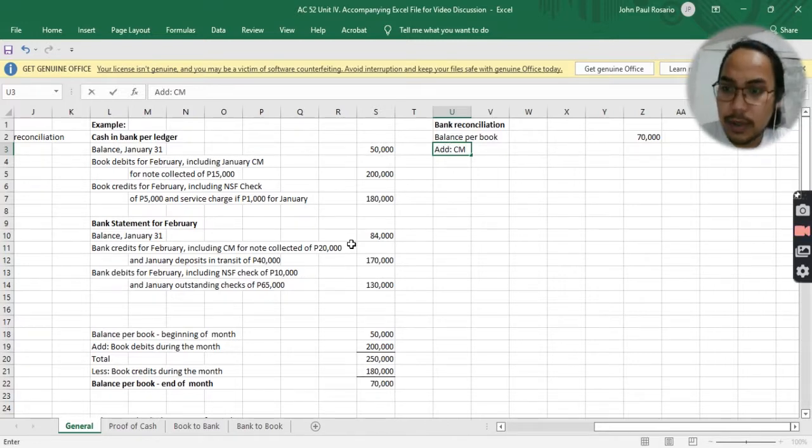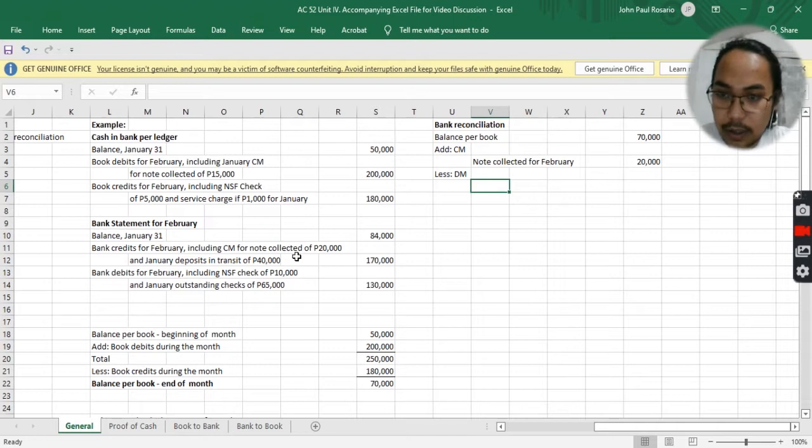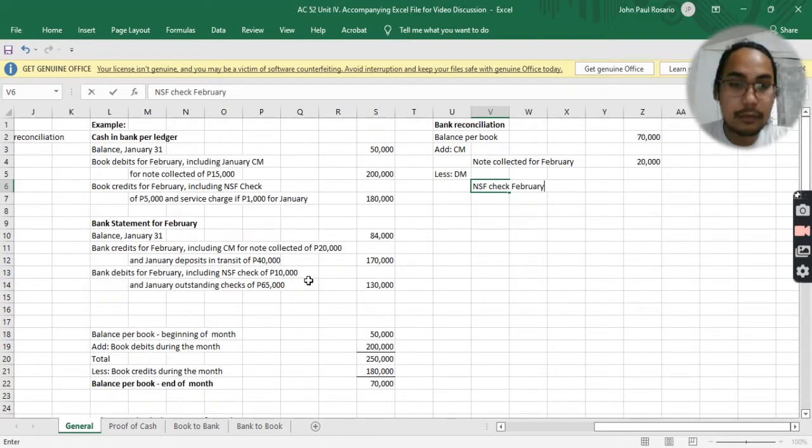Add our credit memos, which include our note collected for the month of February, amounting to 20,000. And then let's deduct, let's less debit memos, which in this case for February is only the NSF check for February, amounting to 10,000.